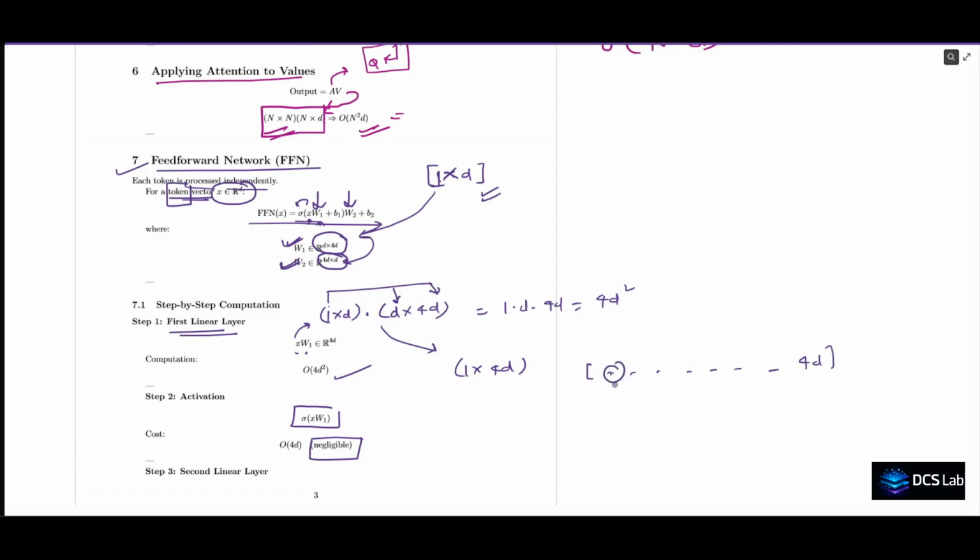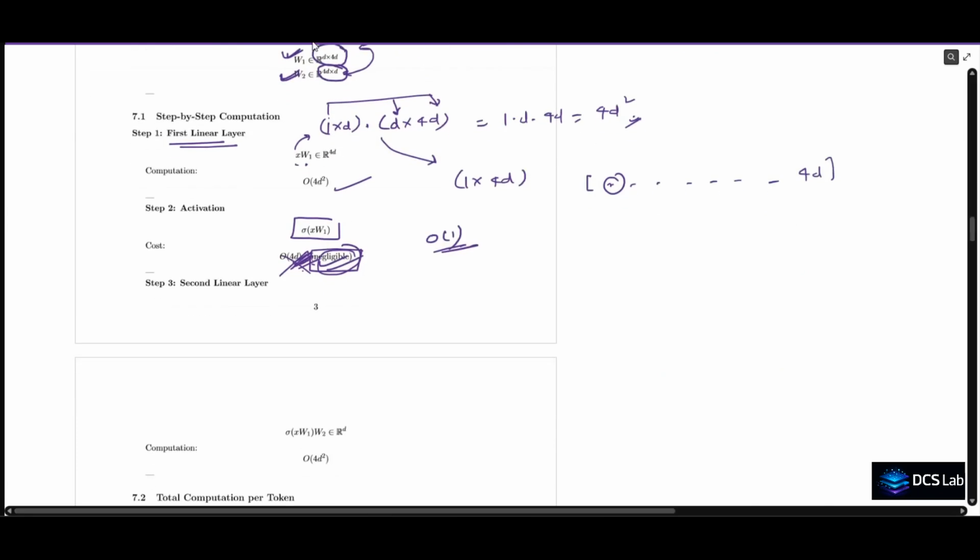For each of these, we are trying to find an activation, and the activation cost is negligible because it is constant time; you just have to pass through a function. And you have to do it for all the 4D elements. So it's 4D dot 1, which is equal to order of 4D. Compared to this, definitely this is negligible because this is linear and this is quadratic, 4D square compared to 4D here. Hence it is negligible. We are ignoring this for our cost.